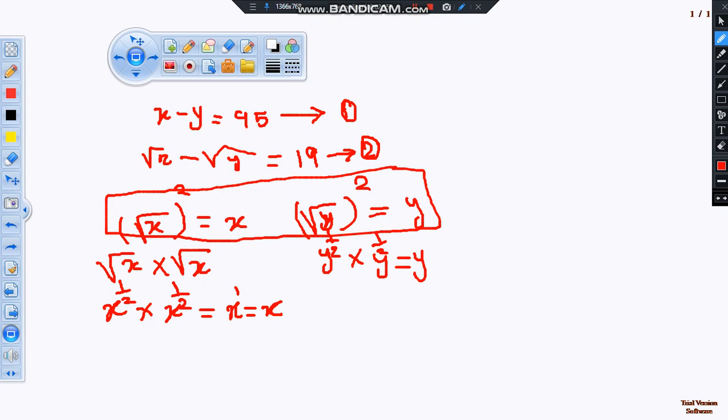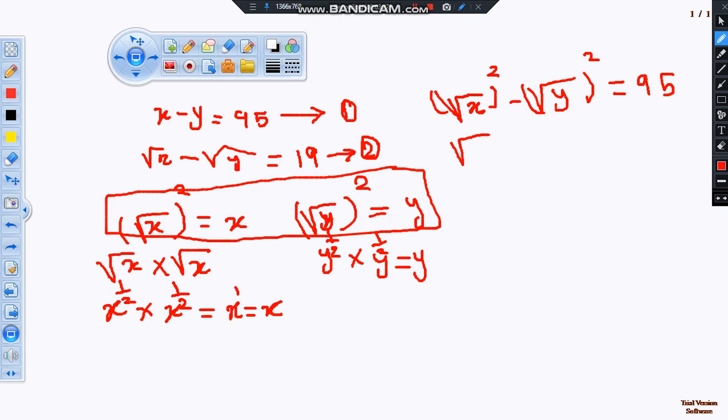Remove the x and put the square root of x to the second power, minus the square root of y to the second power, equals 95. So we have two equations, and the second equation is the square root of x minus the square root of y equals 19.